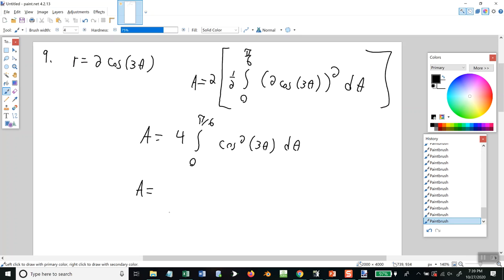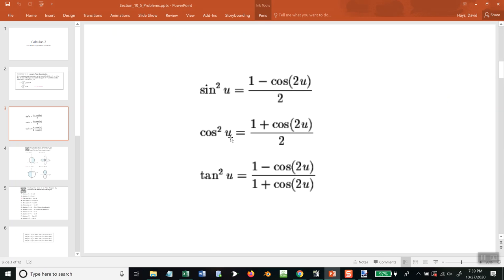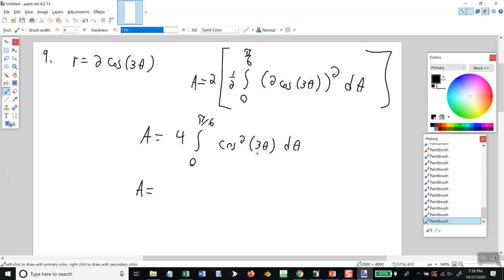Now, it's the second formula here, and u is whatever follows your cosine squared. So on this one, u would be 3 theta. That has nothing to do with taking the integral. That has to do with just the formula.